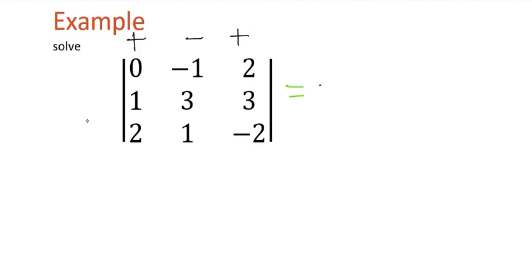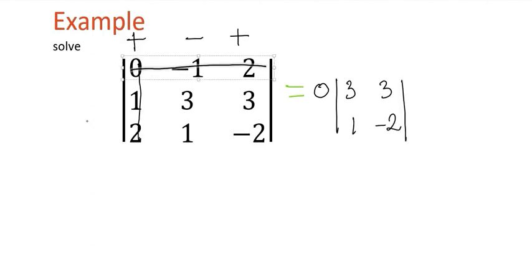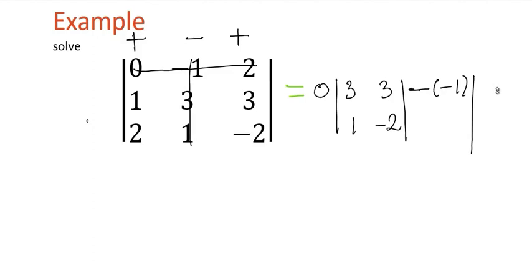So we write plus 0. We cancel this row and this column of 0. Then it remains 3, 1, minus 2. Then we go for this, minus 1. We cancel the row of minus 1 and the column of minus 1.